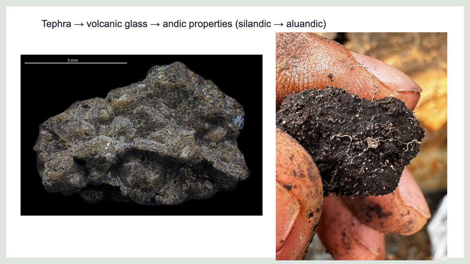The andic properties also can be distinguished between silandic and alluandic properties. Silandic properties have less weathering and higher contents of silicon, and alluandic properties are more related to more intense weathering, and they have more aluminum than silicon, okay? So we can see different kinds of minerals in these two conditions too.